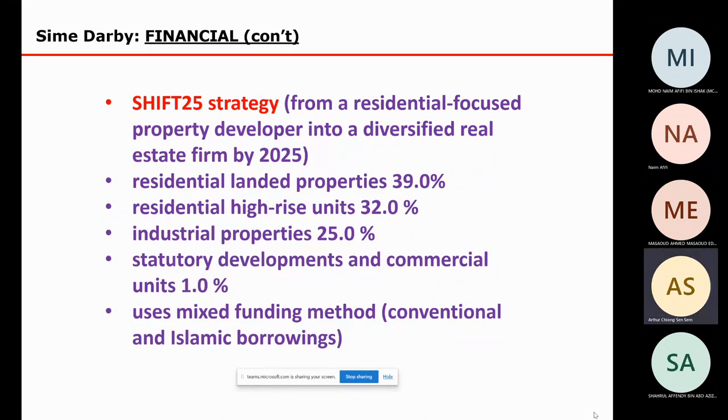SIMDABI plans to capitalize on the current industrial upswing by releasing a series of new residential and industrial properties with a combined GDV of Ringgit Malaysia 2.8 billion in 2022. Next page is learning and growth.